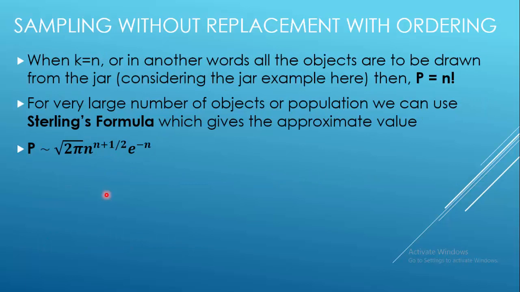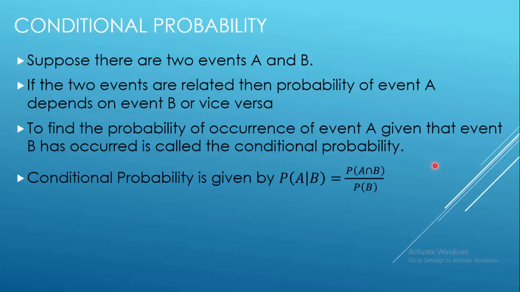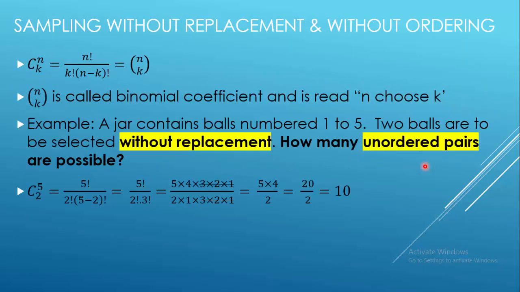And in case of sampling with replacement but without ordering, we have got 15 pairs, which is less than 20, and the least is sampling without replacement without ordering. In that case, you have got the least number of possible pairs.